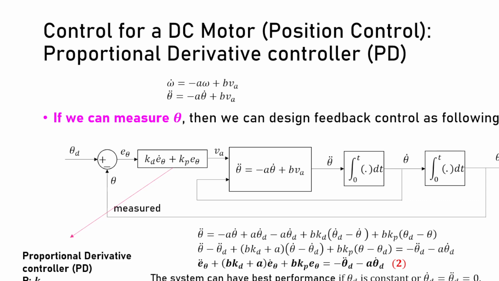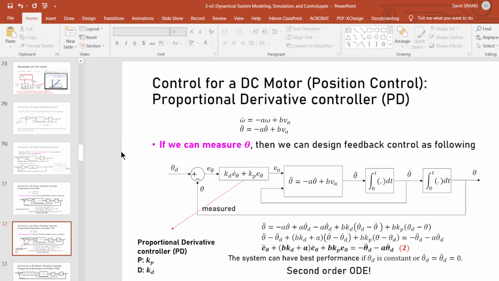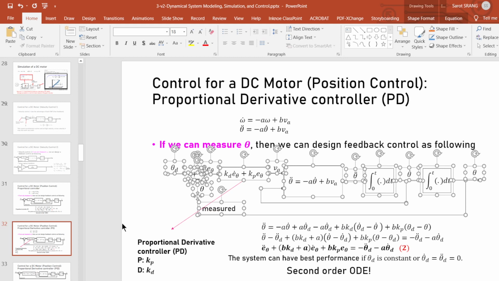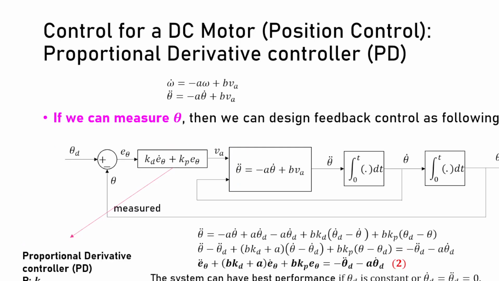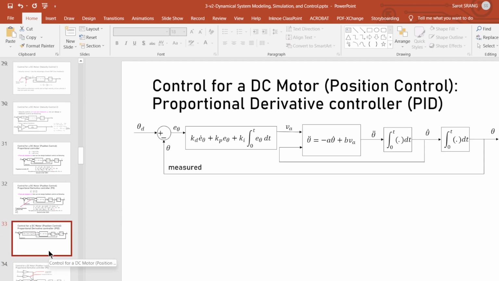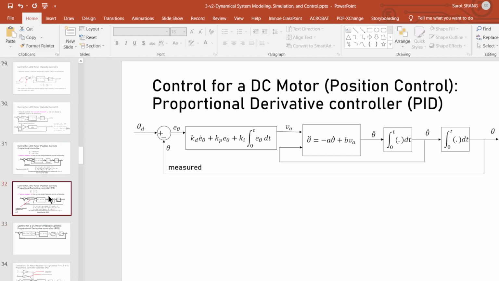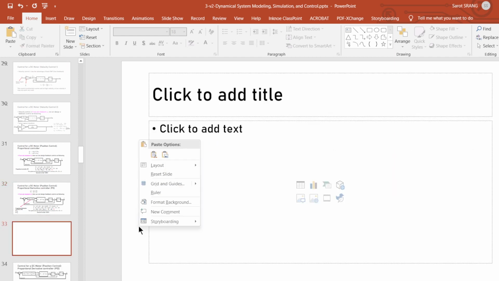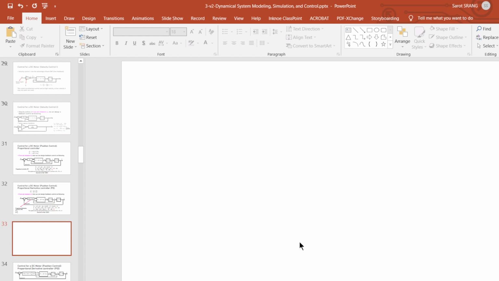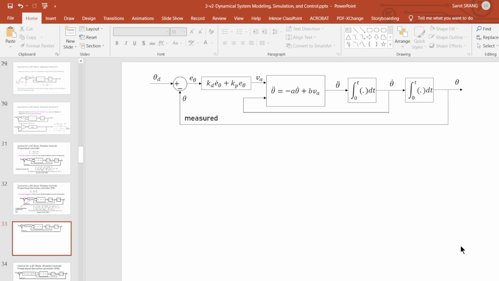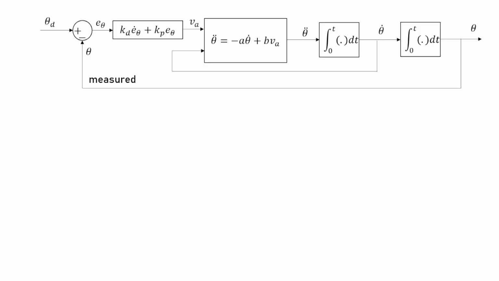Okay. The next control architecture. So the next controller is proportional derivative.